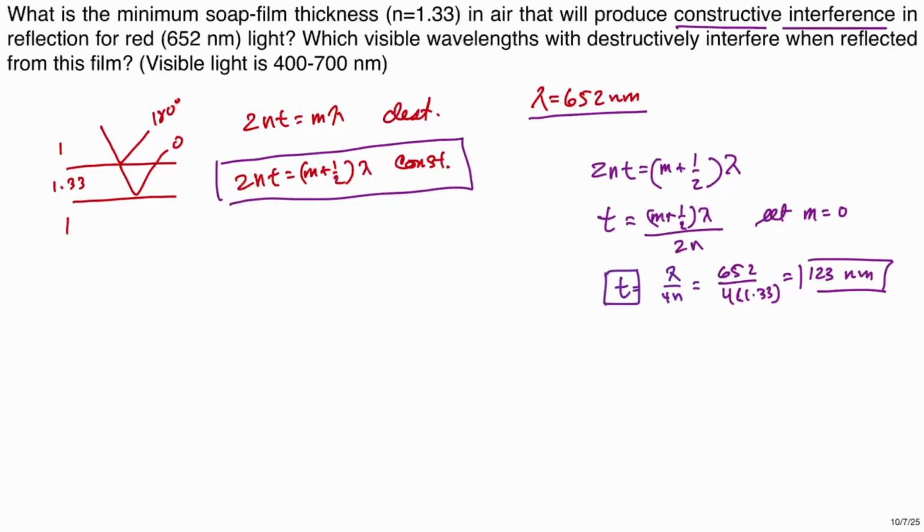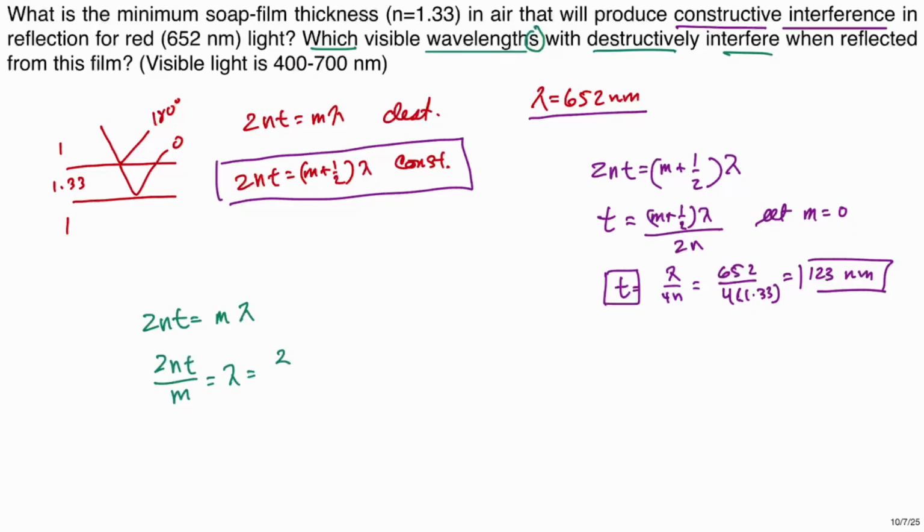All right, so now that we know the thickness, what do they want us to find? What wavelengths would destructively interfere? So we're using the destructive equation, right? M lambda. What are we solving for? Yeah, we're solving for lambda. What wavelength? And why are there more than one? Let's figure this out. 2nt over m equals lambda, right?